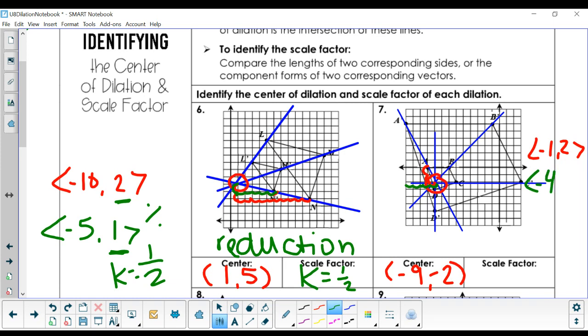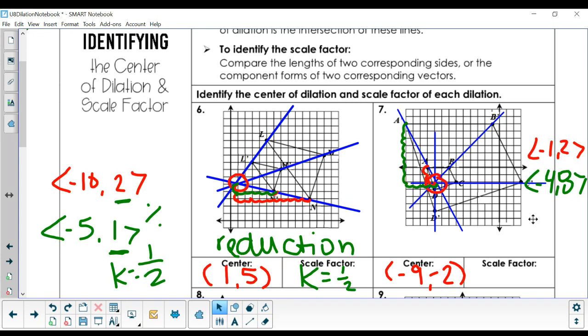And let's count up. 1, 2, 3, 4, 5, 6, 7, 8. Okay, and 8 up. So this is my distance from my center of dilation to A, my pre-image. And this right here is my distance from my center of dilation to A prime.